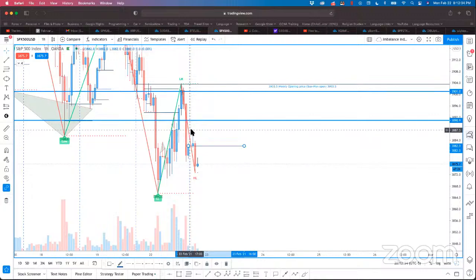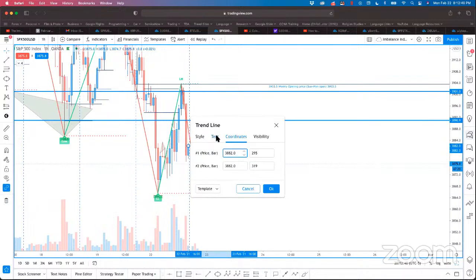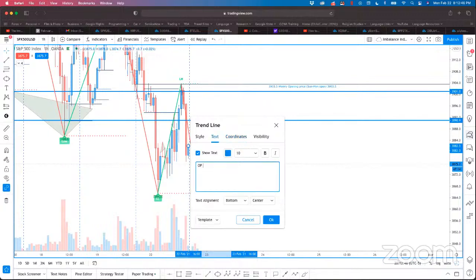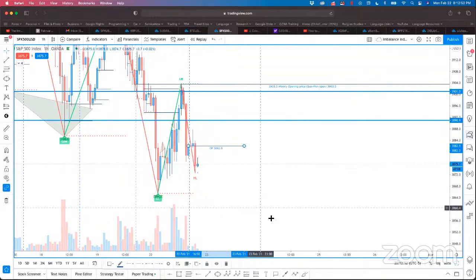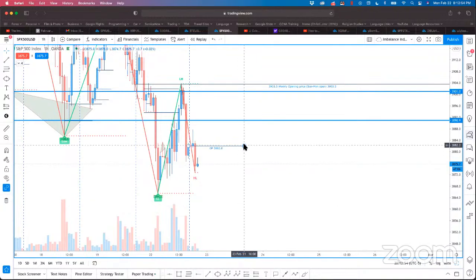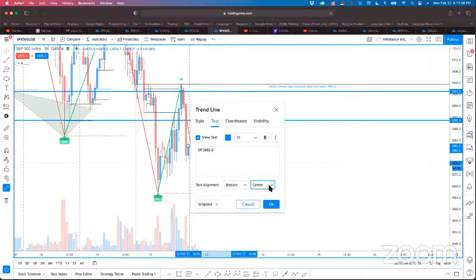That is 38.82. It opened up and then it went down. Note that, it gapped.